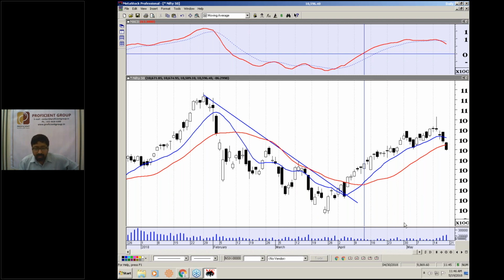Now, the red line in the upper pane is actually the MACD line, one of the very important momentum oscillators that we can use in our trading.